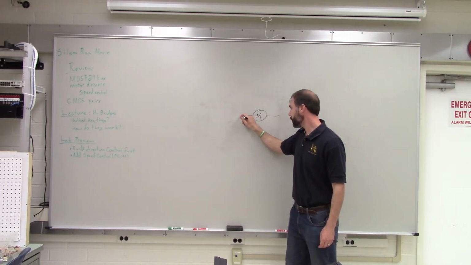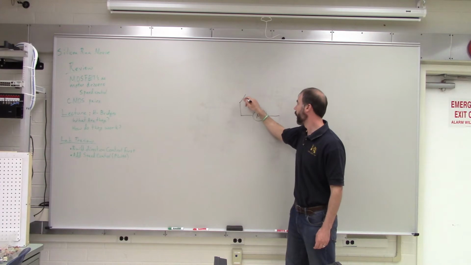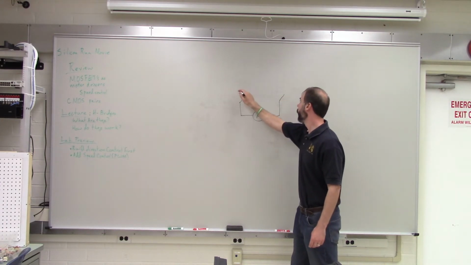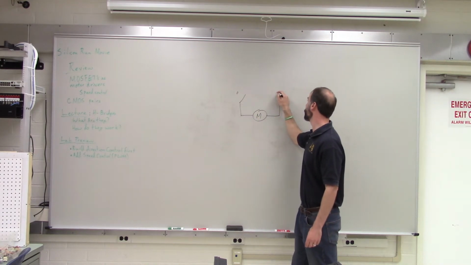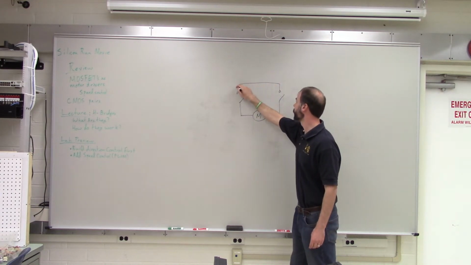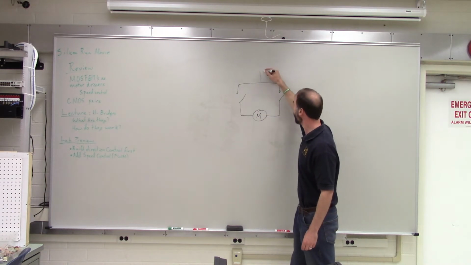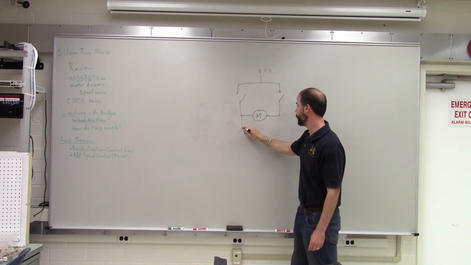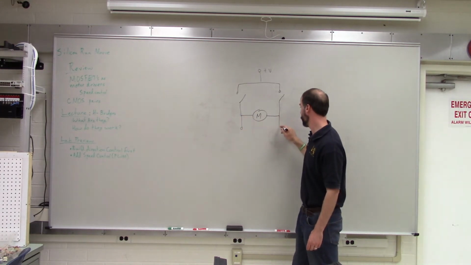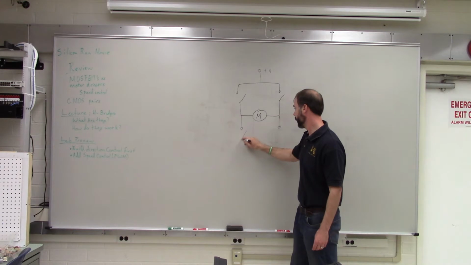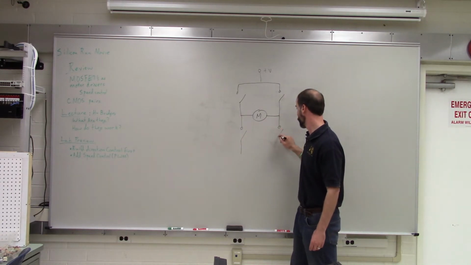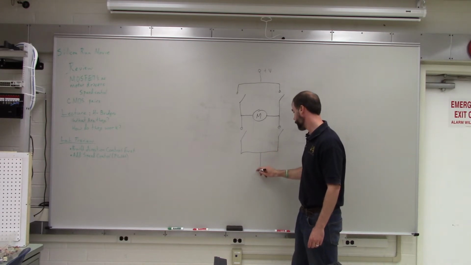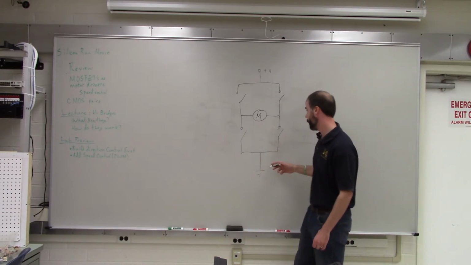So basically you've got a motor here, and then you've got 4 transistors. So you've got 2 up here, you've got a positive voltage supply, and then you've got 2 more transistors down here. And then you've got ground. Okay?